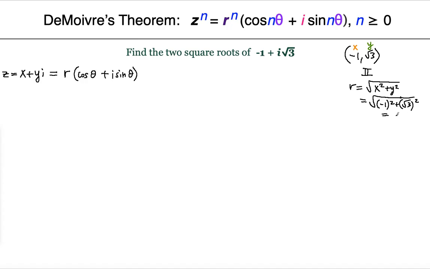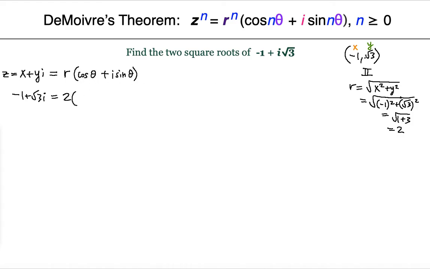So this is equal to 1 plus 3, which is equal to the square root of 4, which is 2. Right? So this is equal to 2. So now we can say that -1 plus radical 3 i is equal to 2, and then we need to find the theta.